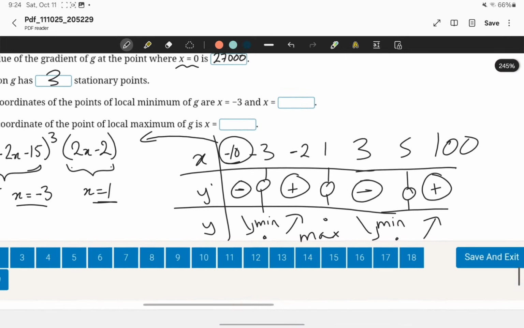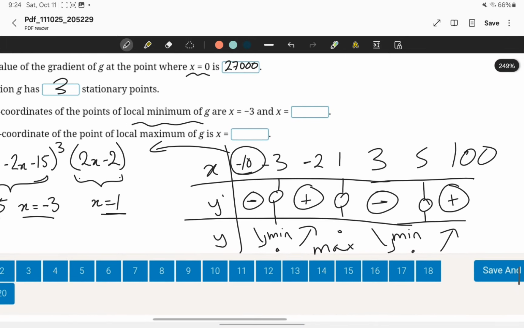So there's two minimum points. It's when x is -3 and when x is 5, and the maximum point is when x is 1.